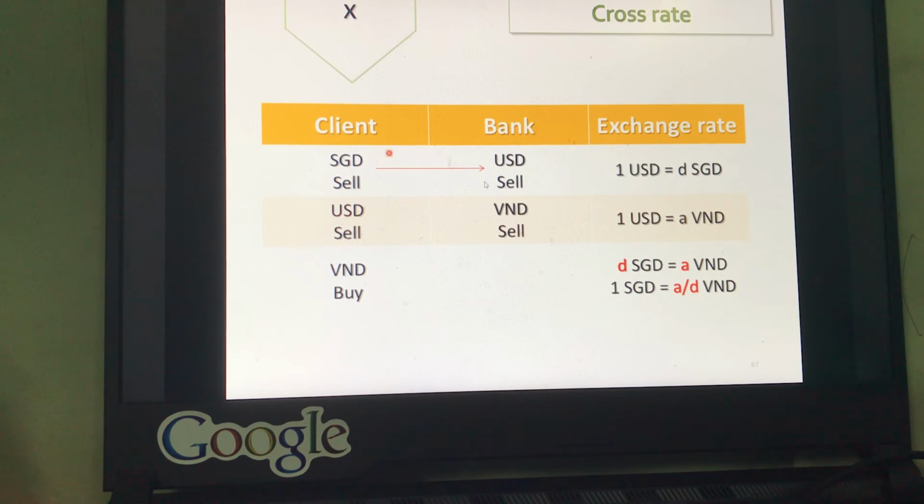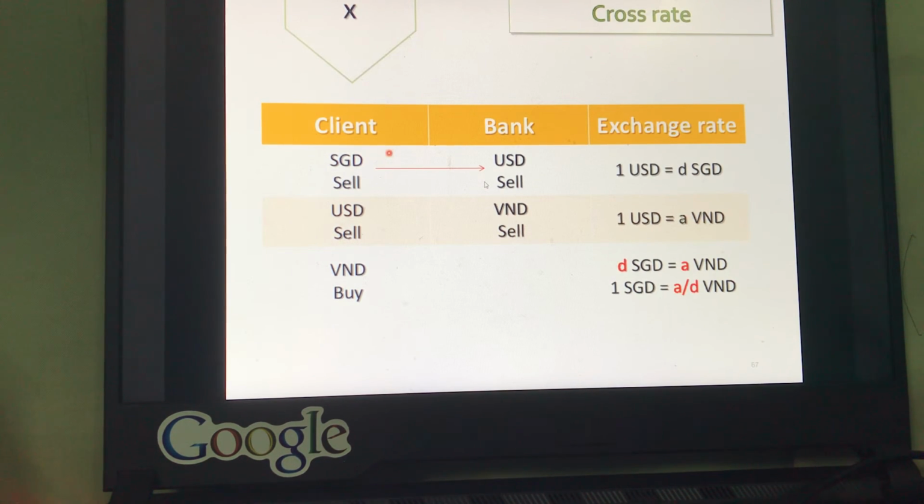At the first transaction, because the client holds the SGD in hand, the client will sell the SGD to the bank. Because SGD against VND is not available, we need to transact through the USD.